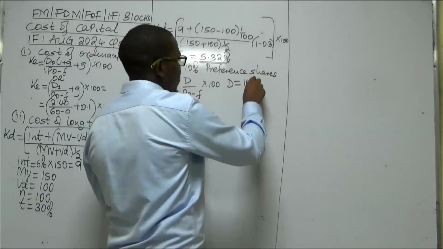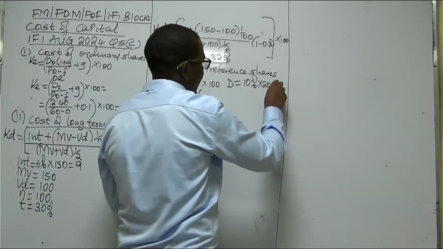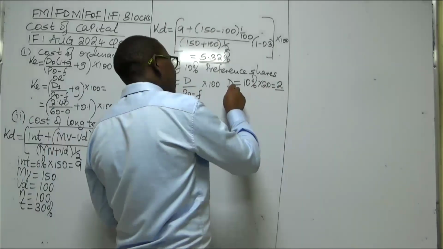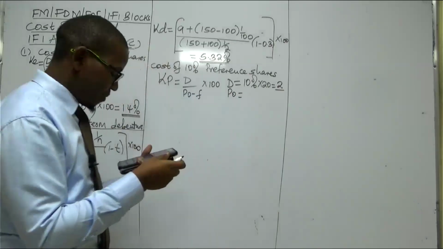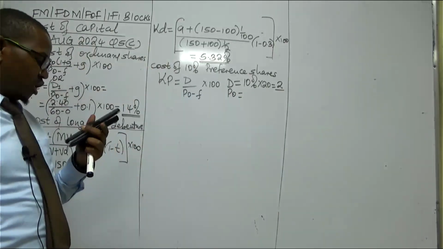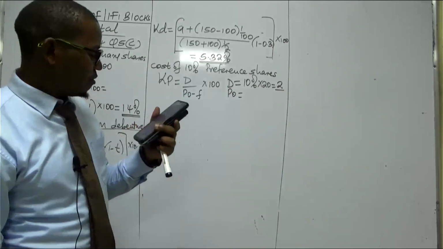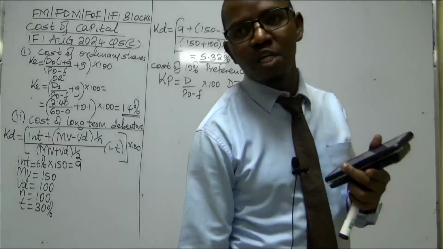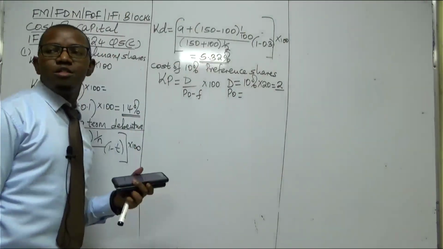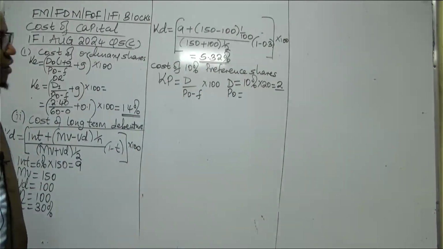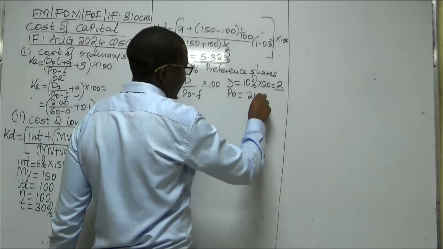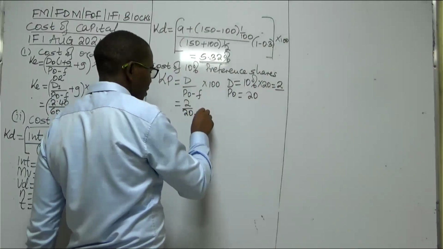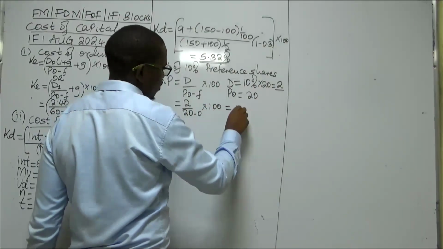This should be 10% of 20, which is 2. Then we have the market price of the preference shares. On additional information number 4, preference shares were issued 4 years ago and are still trading at face value. When we talk of face value, it is just the par value, and the par value here is still 20. Therefore, this will be 2 all over 20, times 100. It will still be 10%.